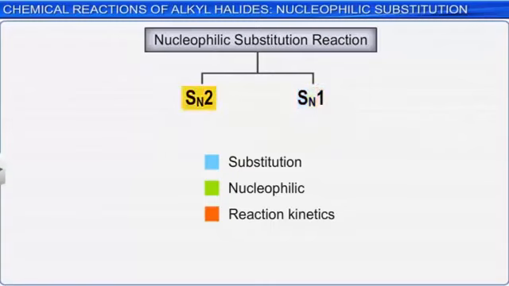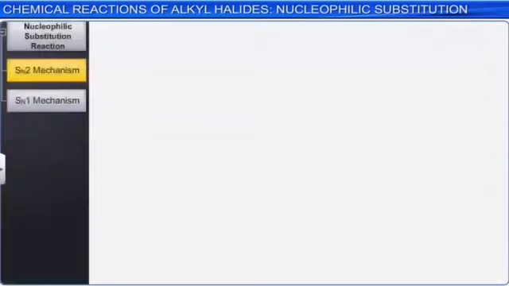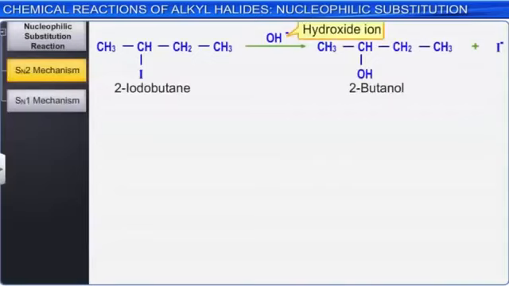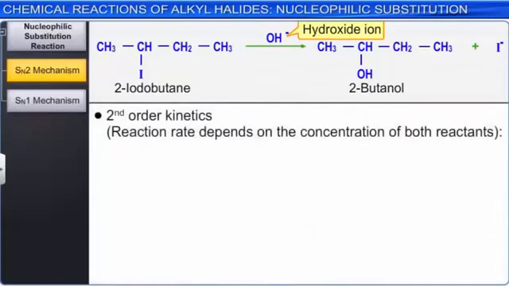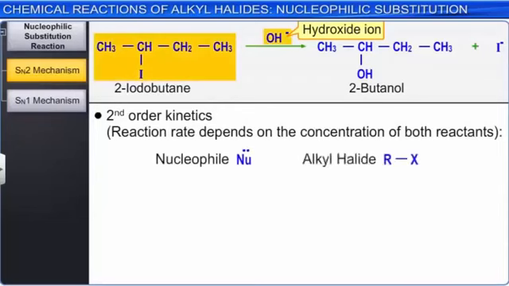Let's start with the SN2 reaction. The reaction between 2-iodobutane and hydroxide ion to yield 2-butanol is an example of an SN2 reaction. This reaction follows second-order kinetics, meaning that the reaction rate depends on the concentration of both the nucleophile and the alkyl halide.